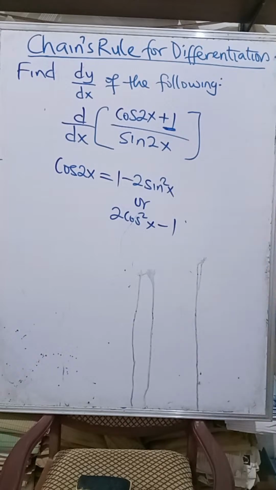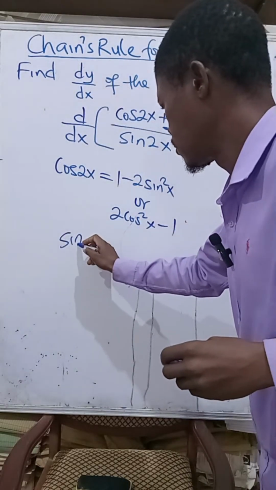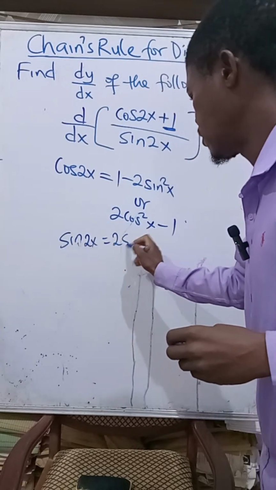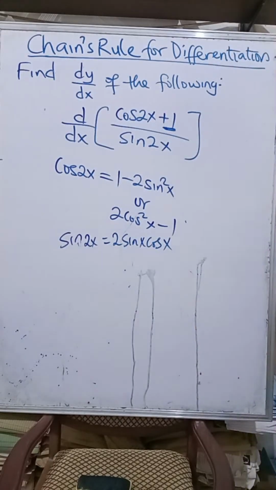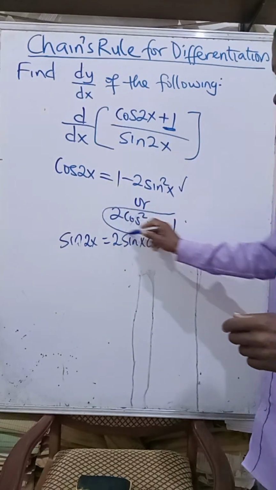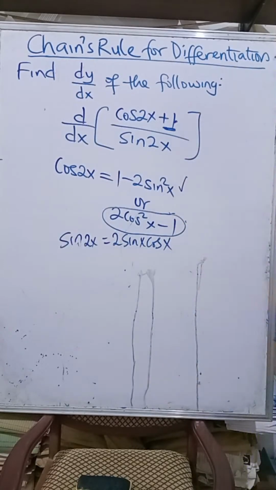And then sine 2x in the denominator is equal to 2 sine x cos x. So we cannot use the first one. We're going to go for this one because we want to find a way to cancel this plus 1 here.